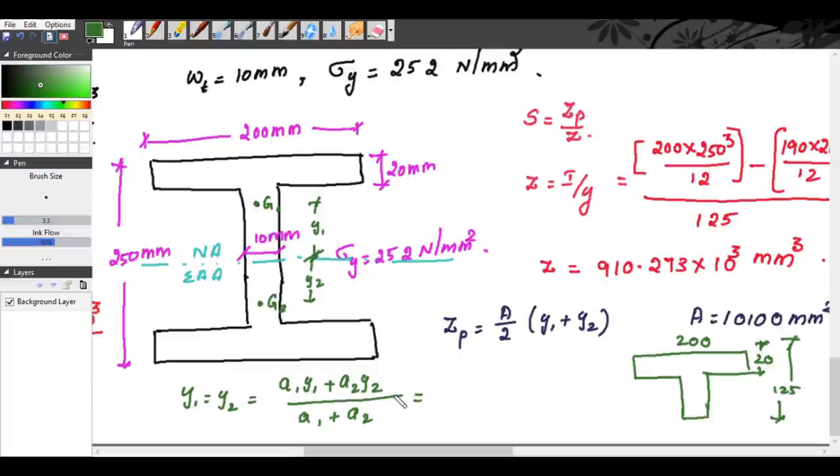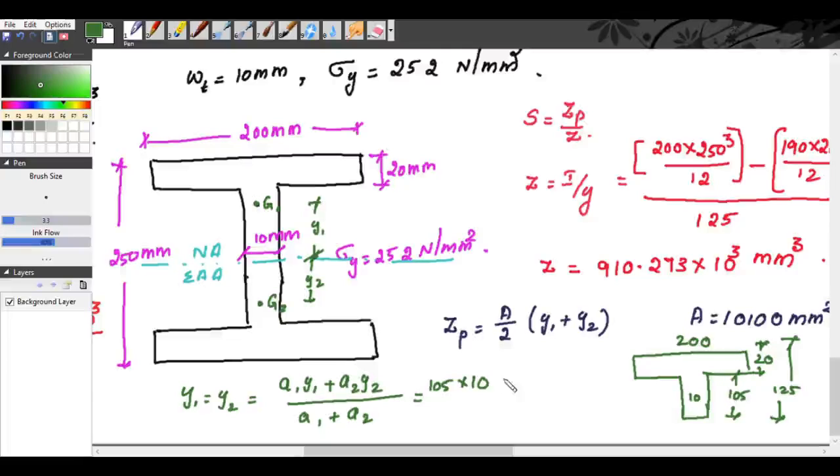So A1 is, if this is 125, this is 105, right? 125 minus 20, 105. So A1 is 105 into 10. This distance is 10.